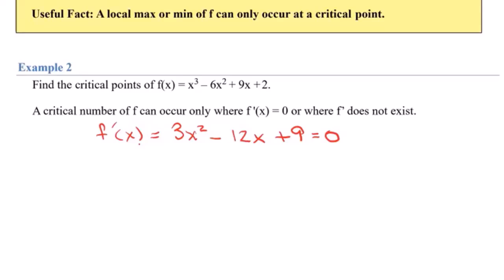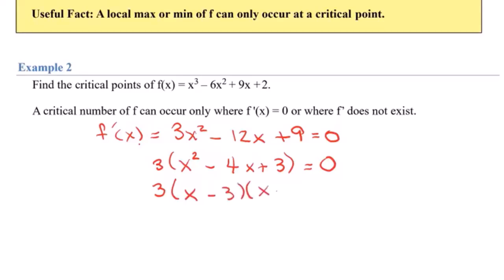So we have this function equal to 0. And the first thing I'd like to do is factor out the greatest common factor, which is 3. Because that'll make it a whole lot easier for me if I find that I can factor this. And I can factor this. This is going to be x minus 3 times x minus 1. That equals 0.